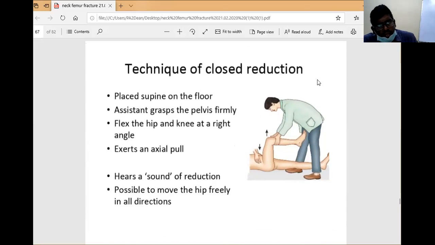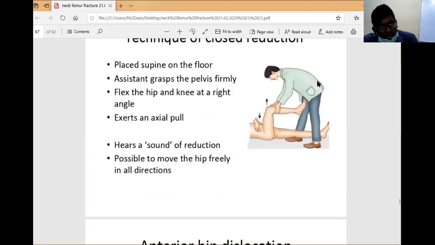The routine technique of reduction of the hip joint is counter traction, and the assistant grasps the pelvis firmly and traction is applied along the line of the femur with hip in 90 degrees and knee in 90 degrees position. That is routinely done.